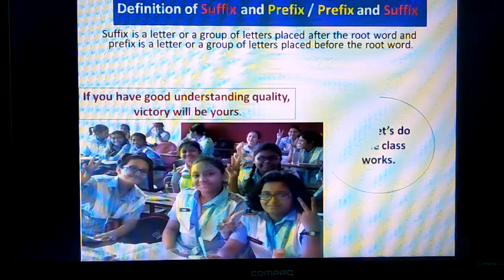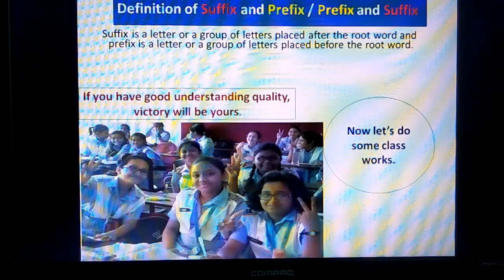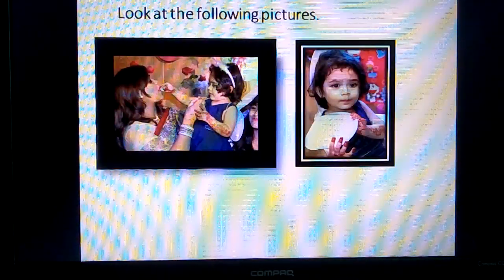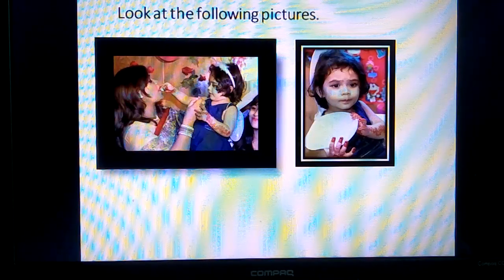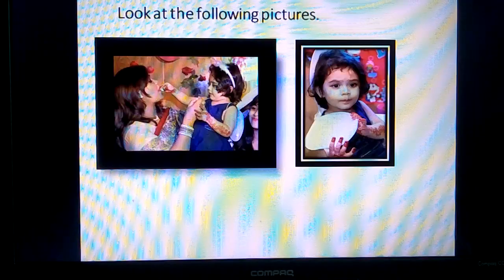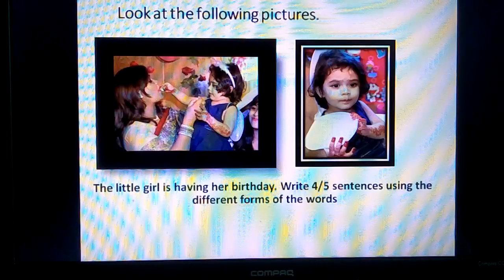Now let's do some class works. Look at the following pictures. The picture is about what? A birthday party of a little girl. In first picture, the girl is feeding her mother the birthday cake, and in the second picture, she is giving a nice pose wearing an artificial wing.